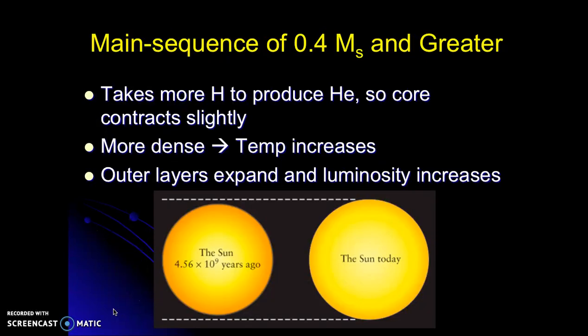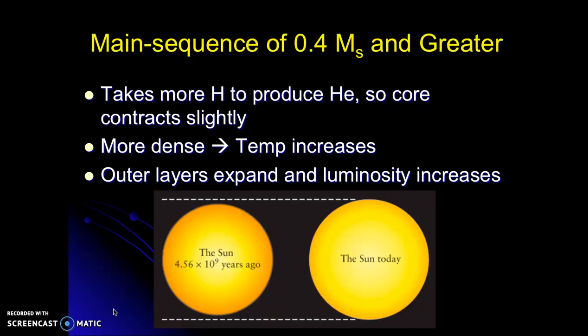So let's look at a main sequence star of about 0.4 solar masses and greater, something like our sun. It takes more hydrogen to produce helium in a star like our sun, so the core contracts slightly. As the star becomes more dense, the temperature increases. This causes the outer layers to slightly expand and luminosity to increase over time.